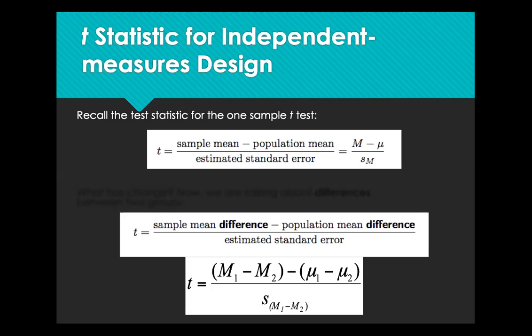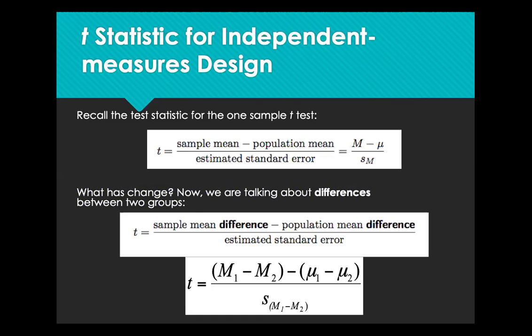And remember, the standard error is the standard error of the distribution of the mean difference. We will go over how to calculate that in just a minute. The key here, when we're looking at the t-statistic for independent measures design, is to remember that it's the difference between the means. Now we're talking about the differences between two groups.